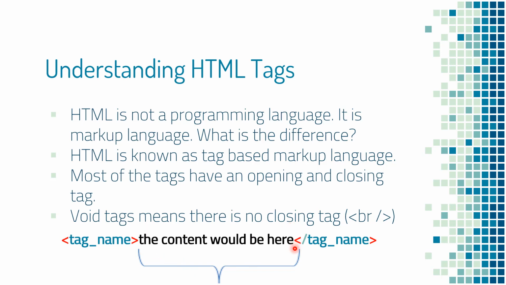Another rule is that some tags don't have a closing tag. Sometimes you might see people call it a void tag, or other people might say it's a self-closing tag. For example, the line break, or just moving to a new line in your web pages.